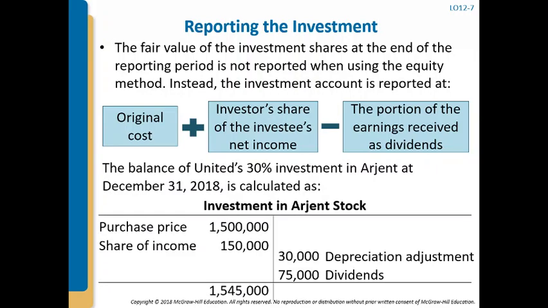And so in this case, at the end of 2018, you would have these adjustments that have been made to the United's investment in Argent stock, and so they would list this stock on their balance sheet as at $1,545,000.